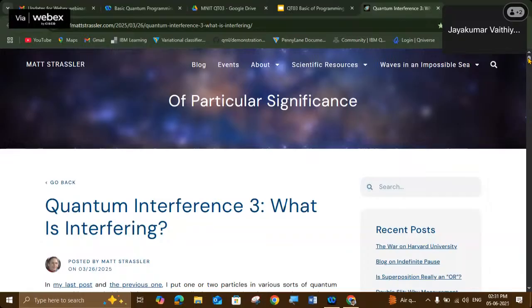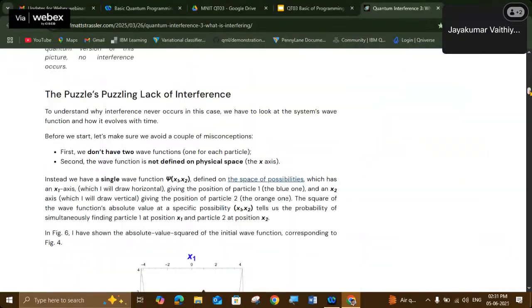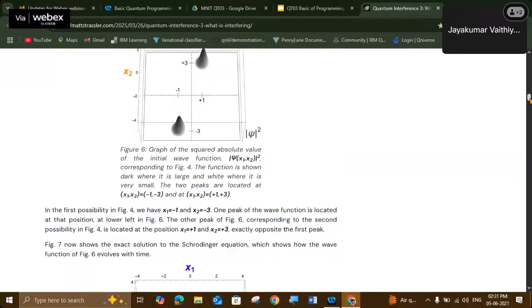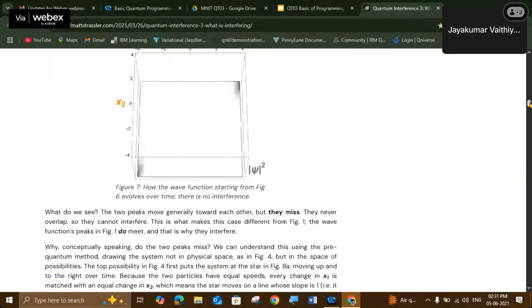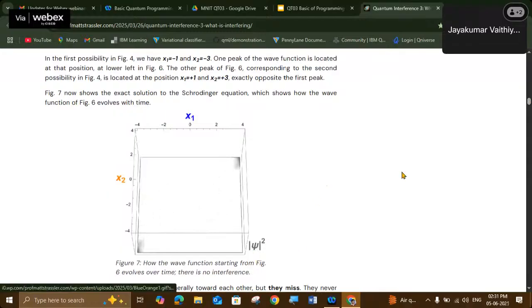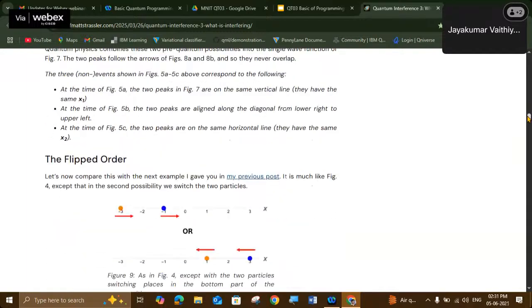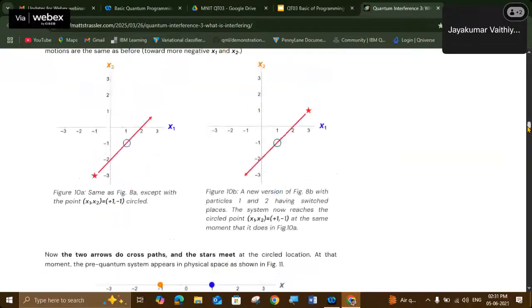Go through this link, they give a beautiful explanation of how interference happens and how you can visualize it. This is what happens when you take the modulus and square it. Measurement will create an interference.